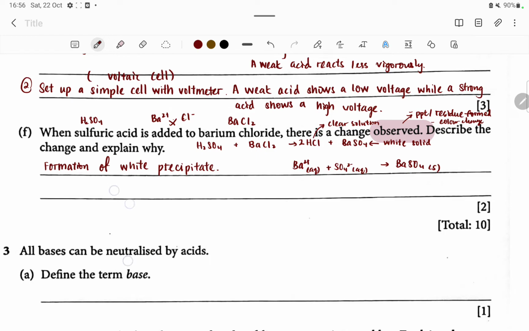So you have to say sulfate ions react with barium ions to form barium sulfate. Okay, so this is how you answer the question.